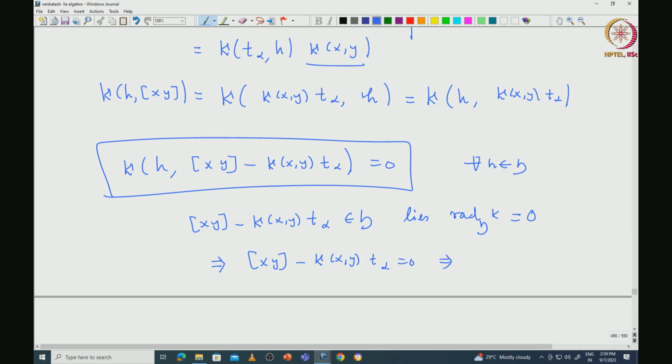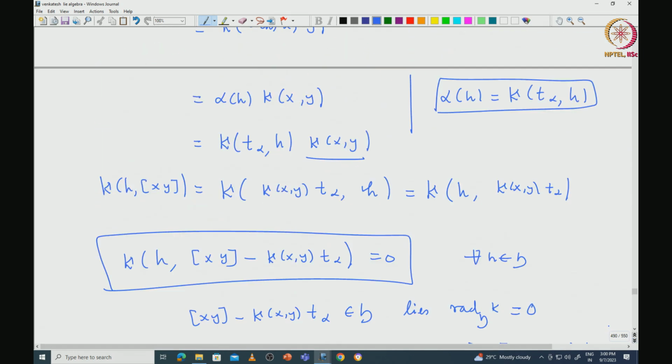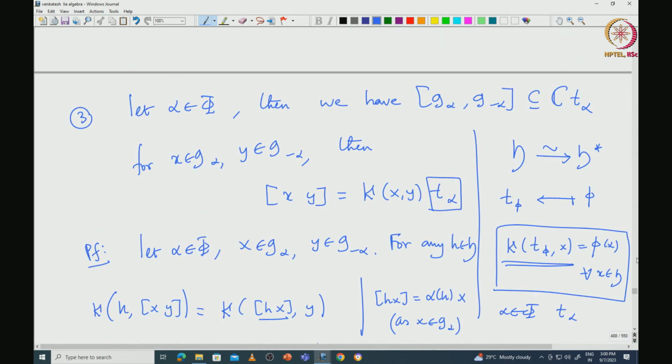That is what we wanted to prove: the bracket x y is equal to kappa of x y times t alpha. So, the bracket between g alpha and g minus alpha is at most one dimensional. Indeed, we will prove in a minute that this is actually equal to that one dimensional space.